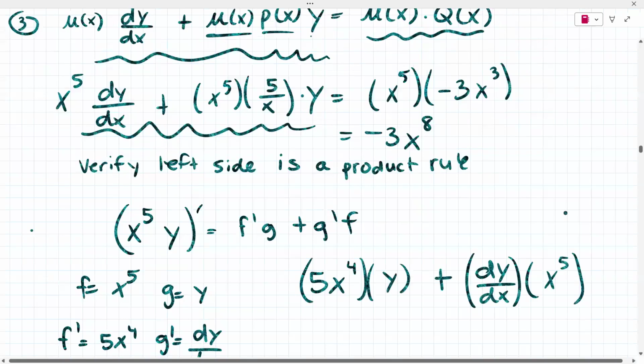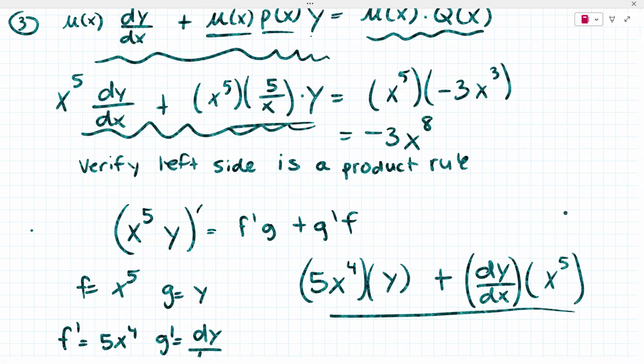So does this right here give you this? Yes, it does. If you simplify, x^5 times x^4 cancels, that becomes 4. So you have 5x^4 times y, and then x^5 times dy/dx. So it's been verified.